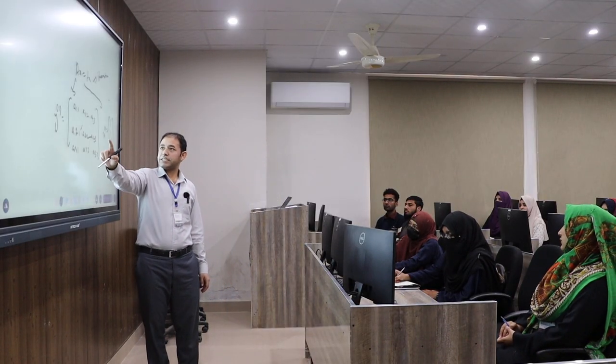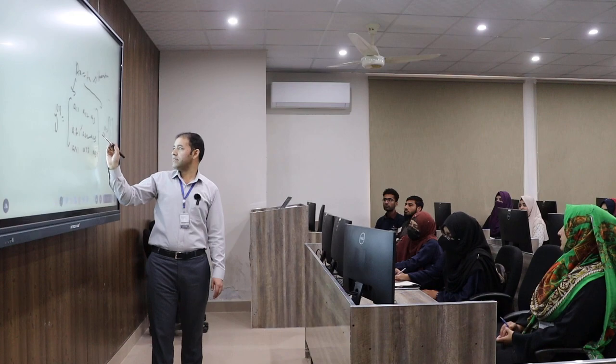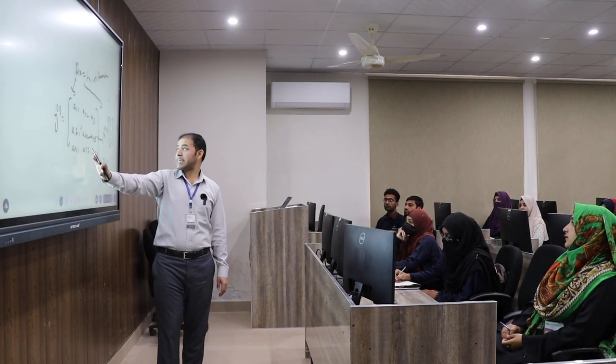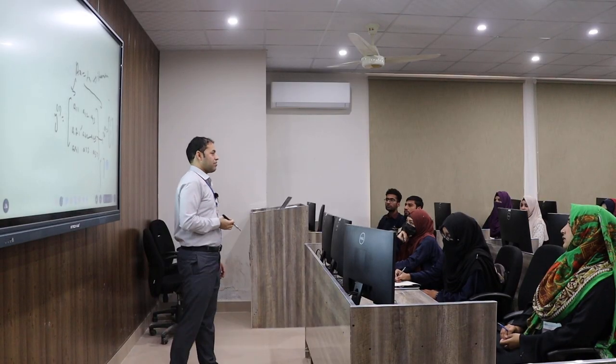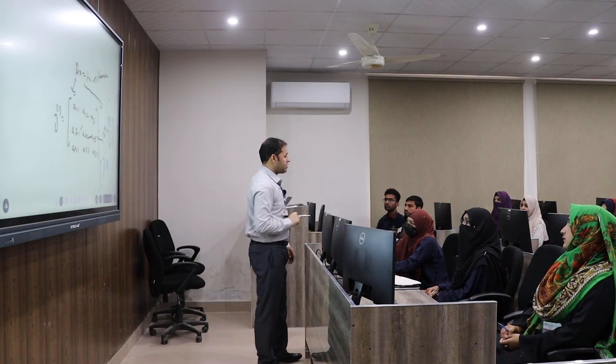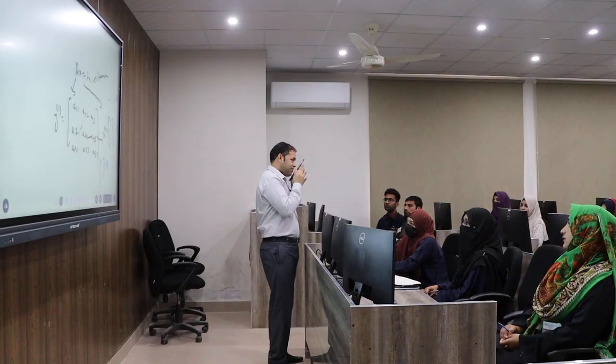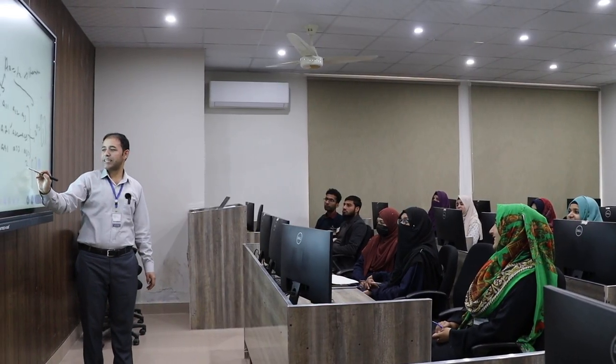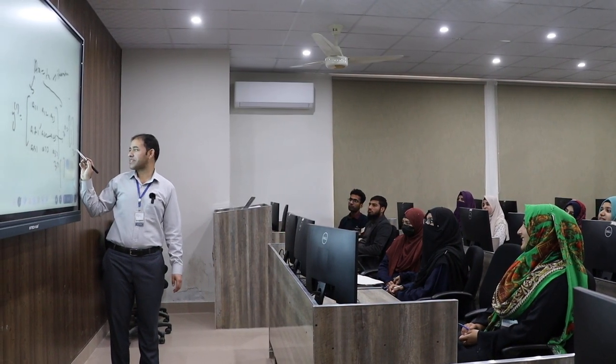The idea is that A and x are multiplied. If a matrix is multiplied by a vector, what will we get? A 3 cross 3 matrix multiplied by a 3 cross 1 vector.